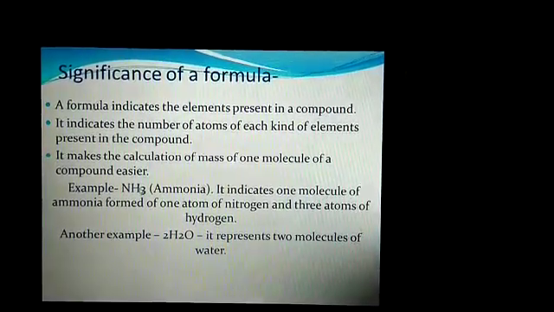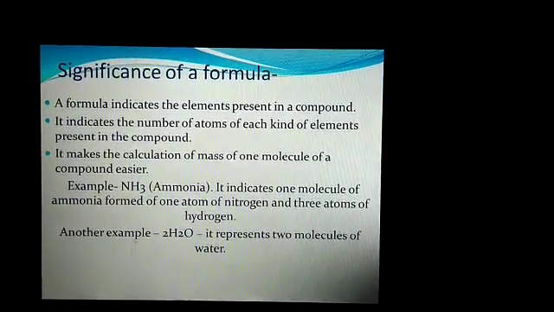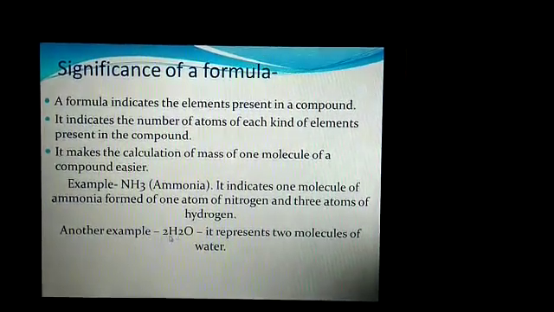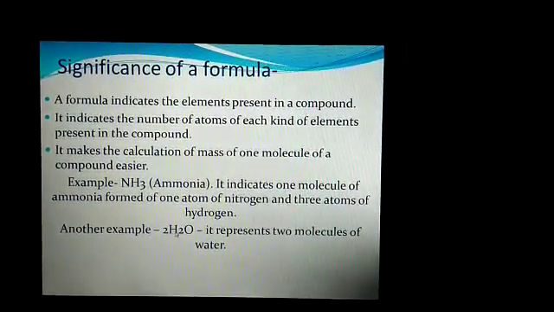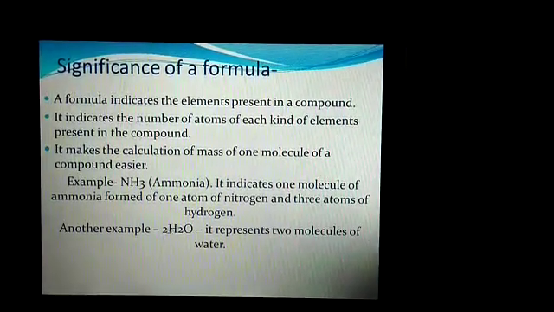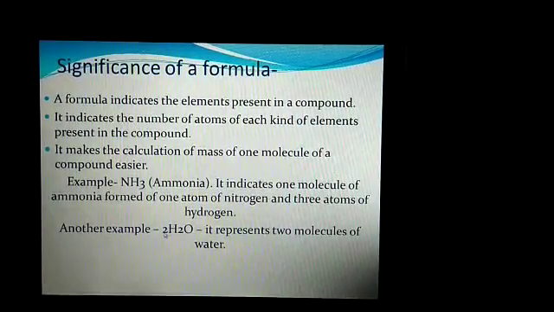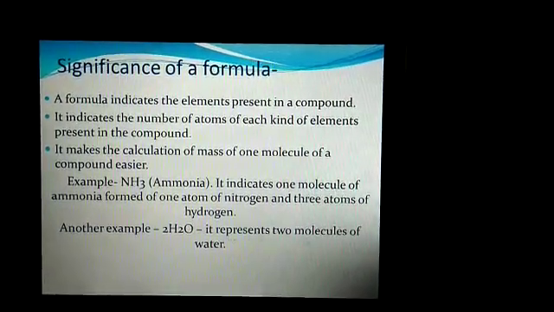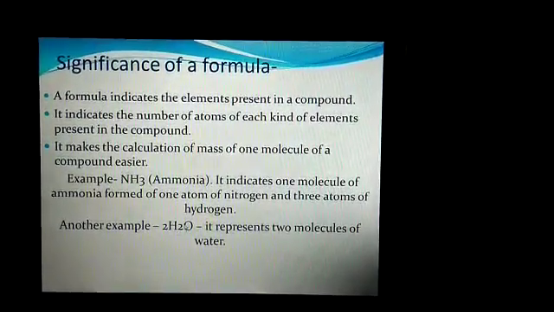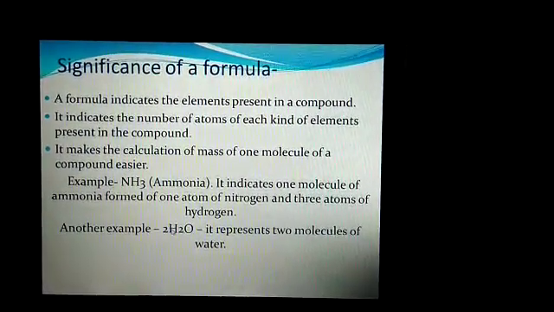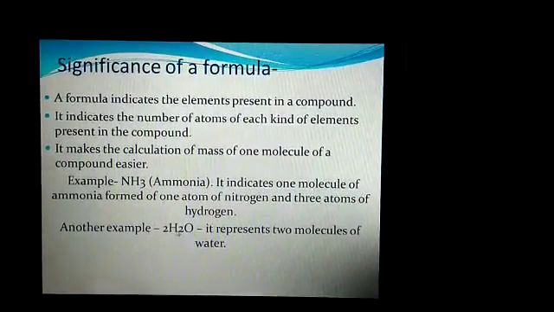Similarly, another example is 2H2O. Here, before H2O, the number 2 is written and it represents 2 molecules of water. And you know, 1 molecule of water is composed of 2 atoms of hydrogen and 1 atom of oxygen.